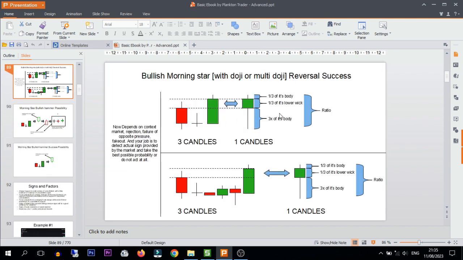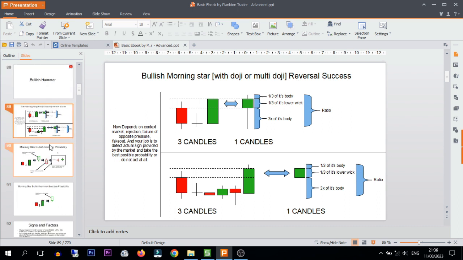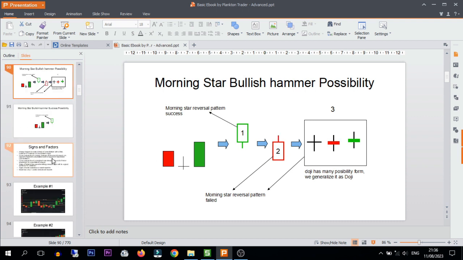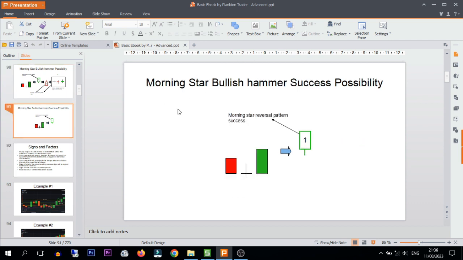What is the probability? The success one is going up, the fail one is going down, and the doji, of course, is also considered nothing because it can be bullish, it can be weakly bearish. And I explain here one by one.